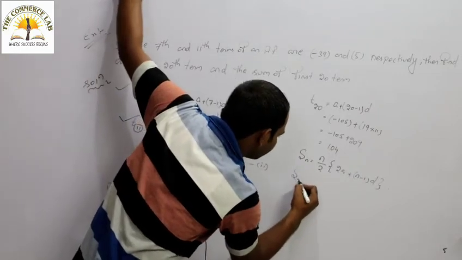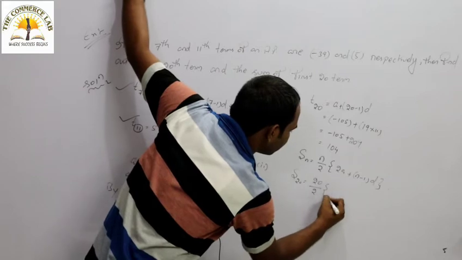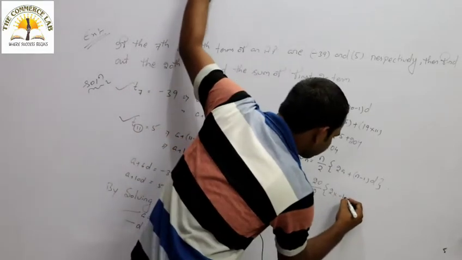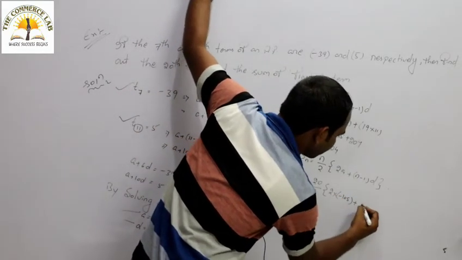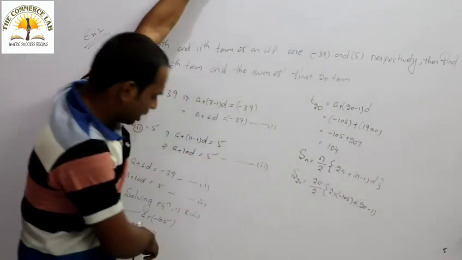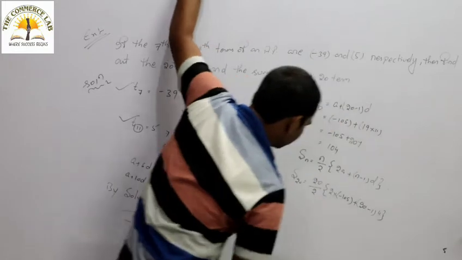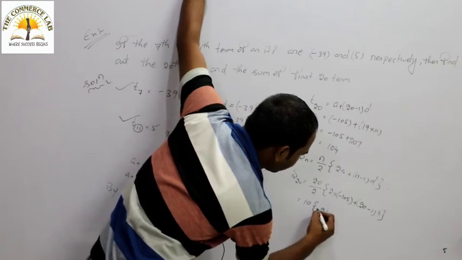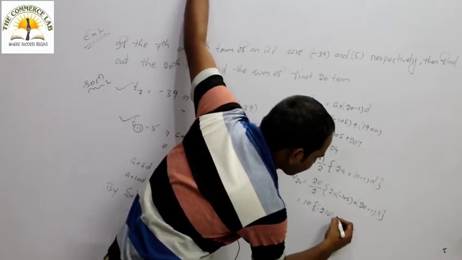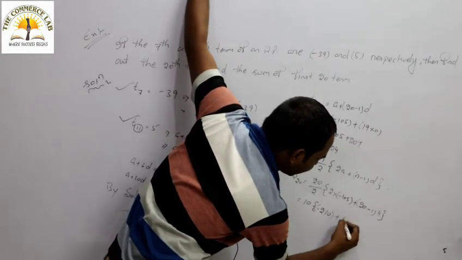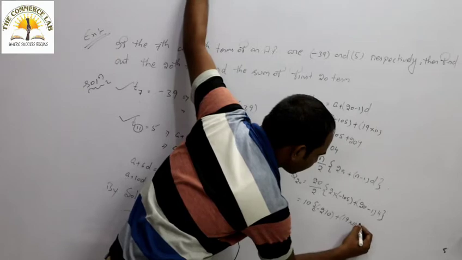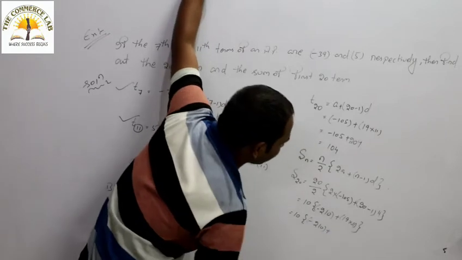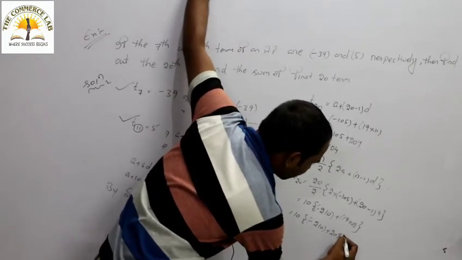So S20 is 20 by 2, 2 into A, A is minus 105, plus n minus 1, 19, D is 11. Solving, 20 by 2 is 10, 2 into minus 105 is minus 210, plus 19 into 11, which is 209.